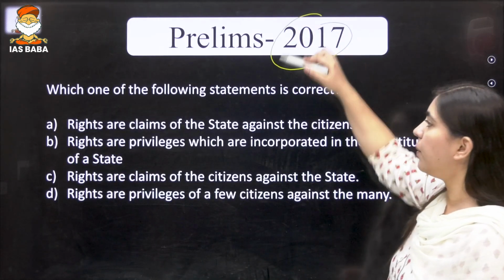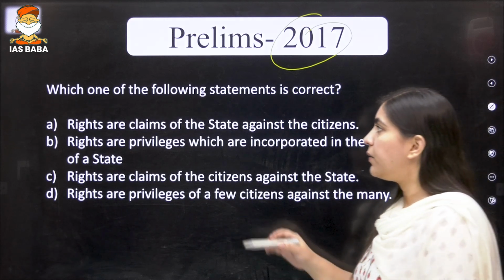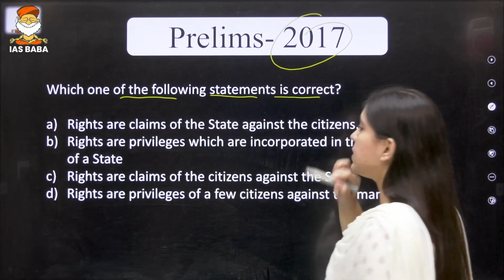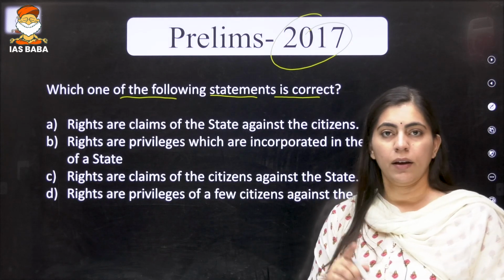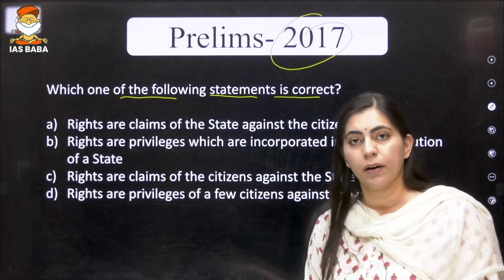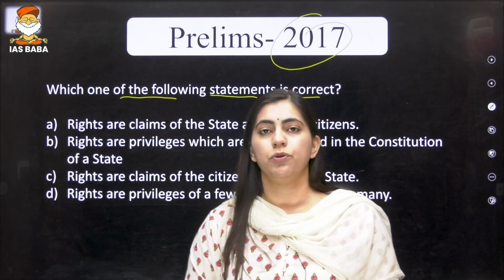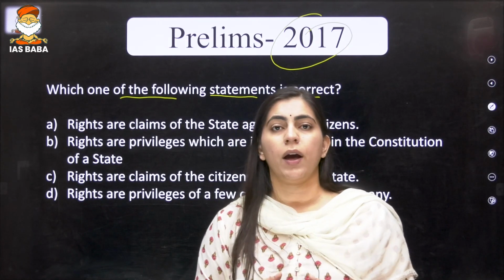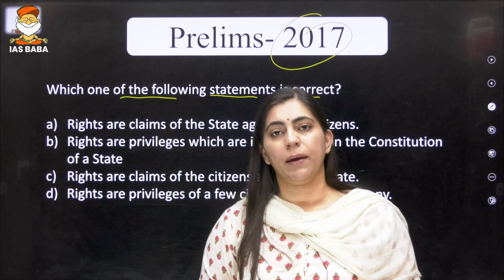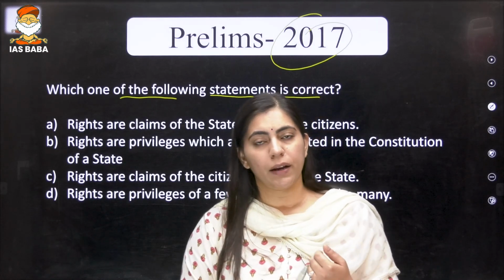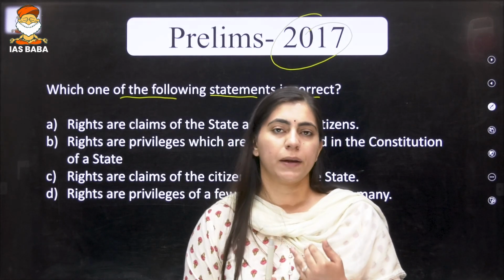Again, a question from 2017, that which one of the following statement is correct? Now you need to understand here the meaning of right. Rights are basically the claim by a citizen, by an individual, which is protected by the law and recognized by the society. Anything which you can claim, firstly, it should be protected by law, and secondly, it should be recognized by the society.